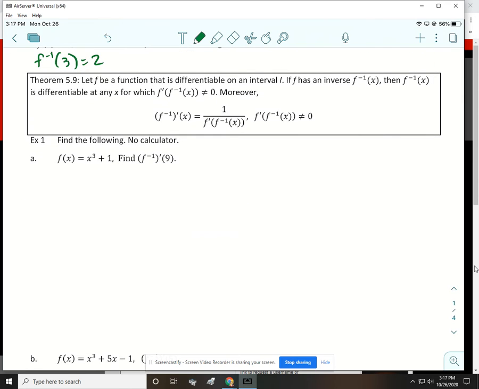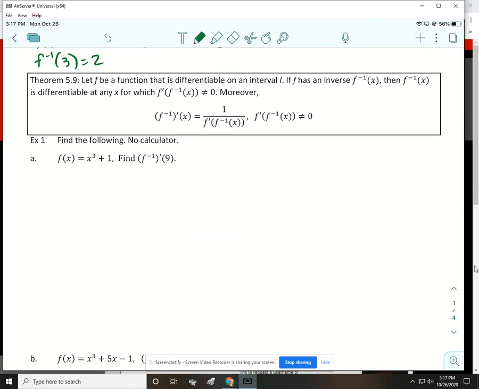So anyway, theorem 5.9, and that's just how our book labels it, it's not officially 5.9. But anyway, this is to let f be a function that is differentiable on an interval I. If f has inverse f inverse of x, then f inverse of x is differentiable at any x for which f prime of f inverse of x is not 0.